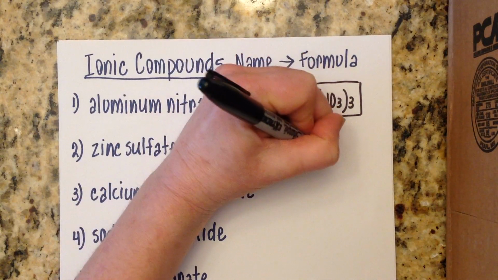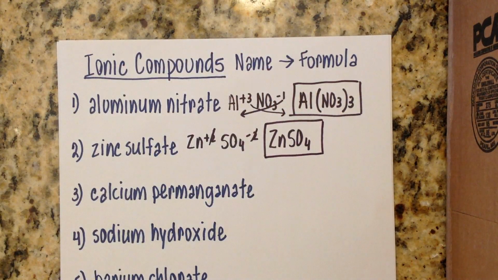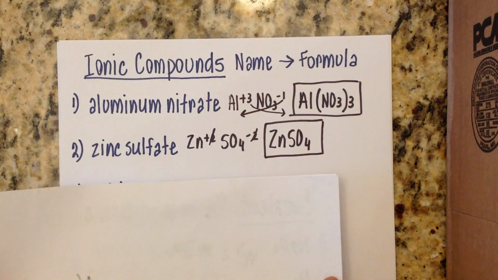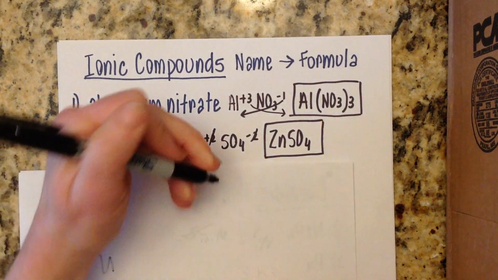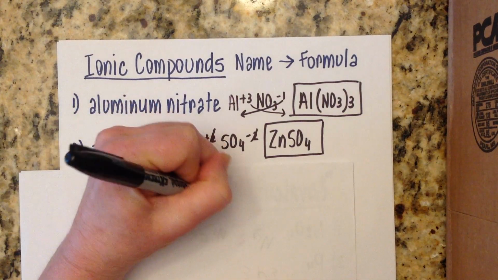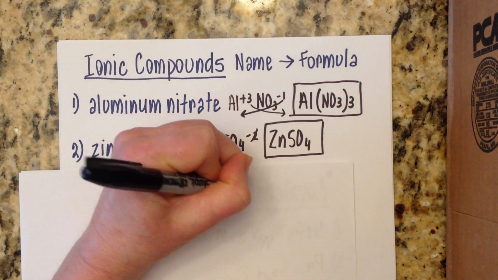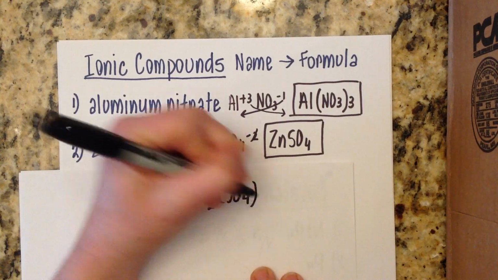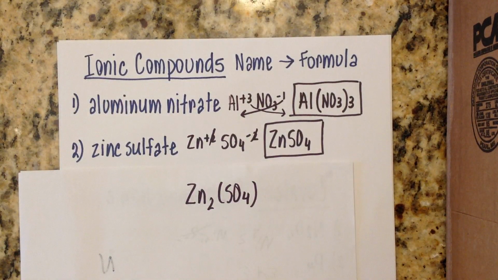Now, a lot of kids will say, well, what if I don't want to cancel those out and I decide that I am just going to leave them? Don't do that, because when you're doing a bigger problem, that is going to maybe mess up your molar mass. If you're doing a limiting reactant problem or something like that, your balancing is going to be off, your mass is going to be off, your molar ratio is going to be off.